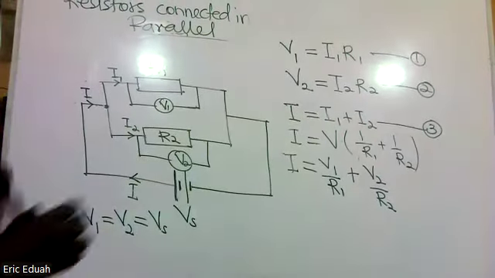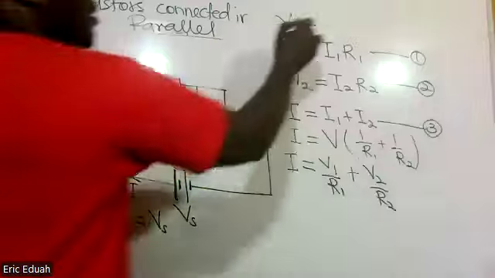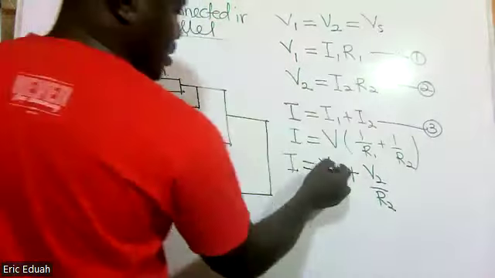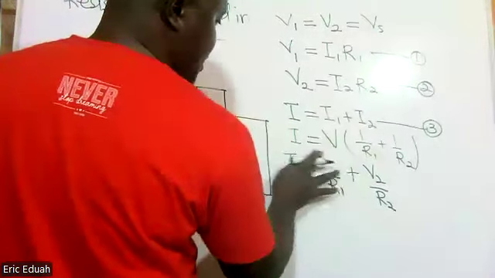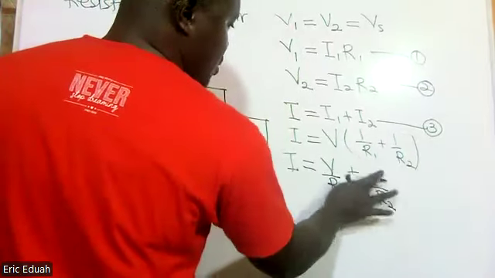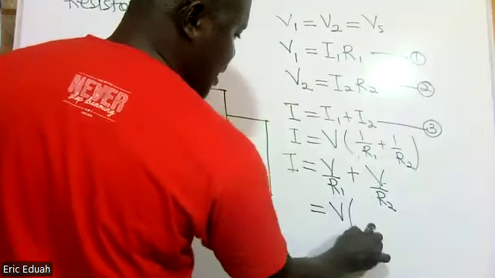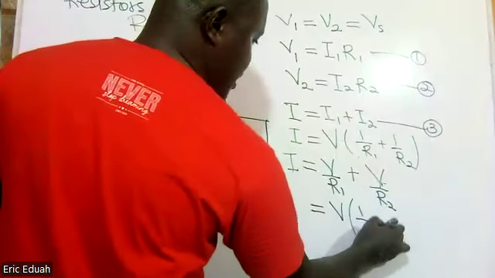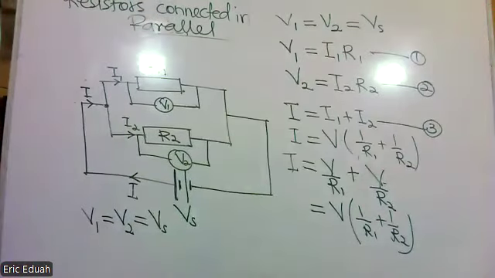But then, because V1 is equal to V2 and they are all equal to the source voltage, we will change this to V. V1 is equal to V, source V. This is also equal to source V. So you have V factorized out, then 1 on R1 plus 1 on R2. And that is exactly what Equia had.